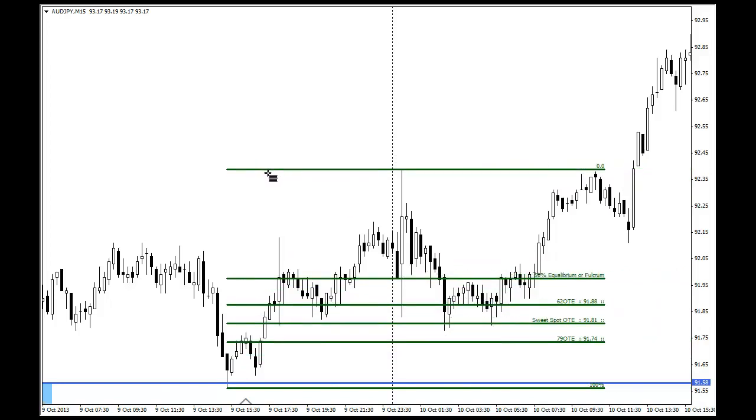So move this over so you can see a little bit clearer. We have the low here, trading back down. Now as price moved off that larger order block level, price is starting to retrace.